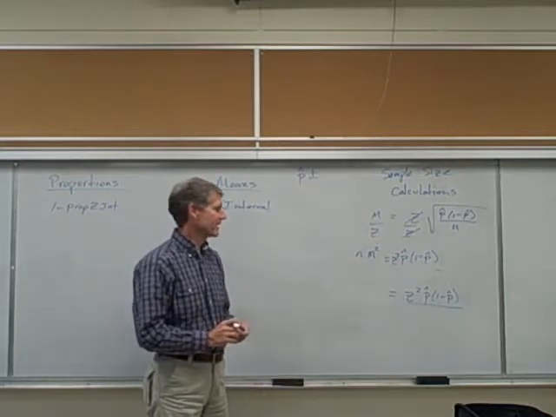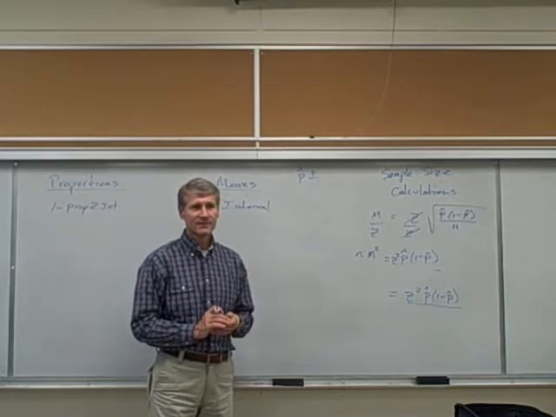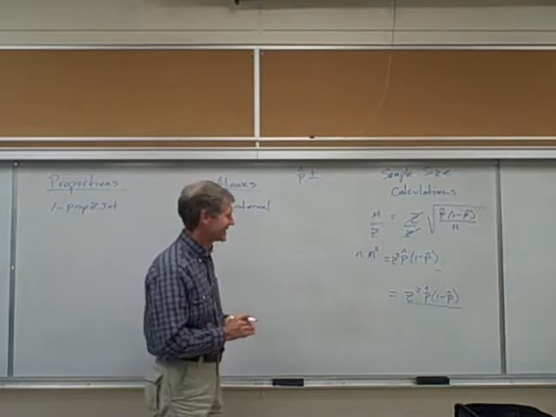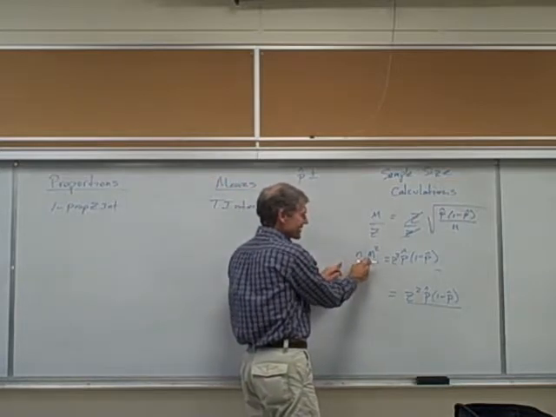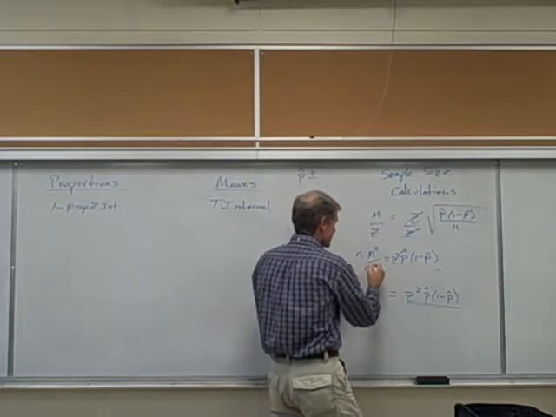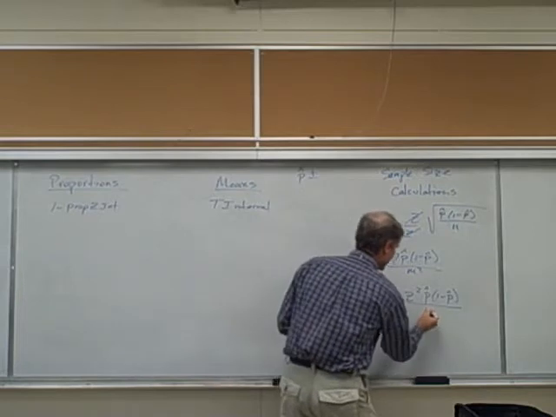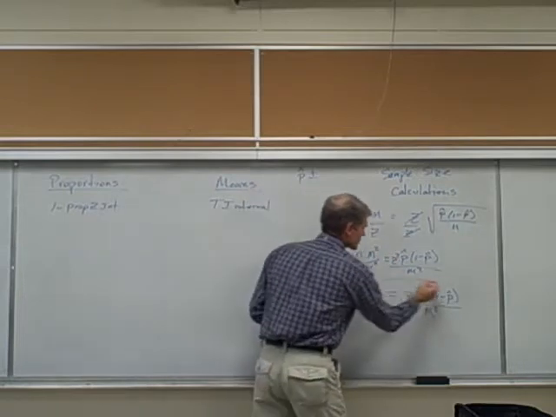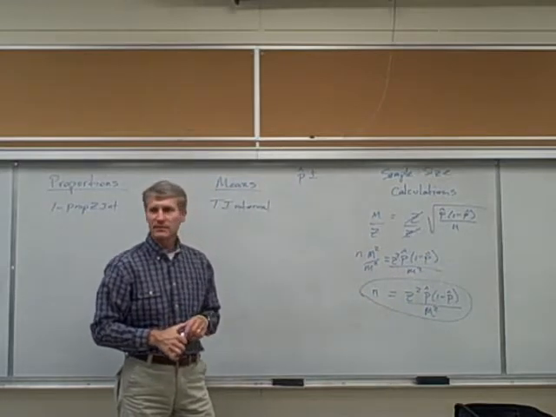Now solve for n. Is there a function in our calculator for this? Actually, no, there's not. Dang it. So divide by m squared. I divide both sides by m squared. And I get this formula. So there's the formula for the sample size, right?